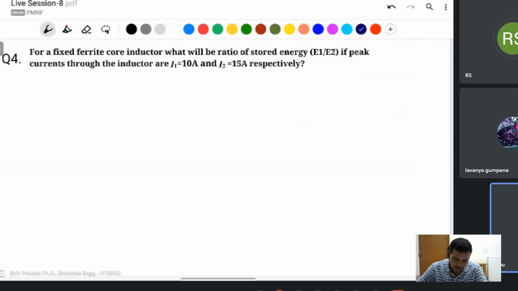Next question is: for a fixed ferrite core inductor, what will be the ratio of stored energy E1 to E2 if the peak currents through the inductor, I1 and I2, are 10 ampere and 15 ampere respectively.